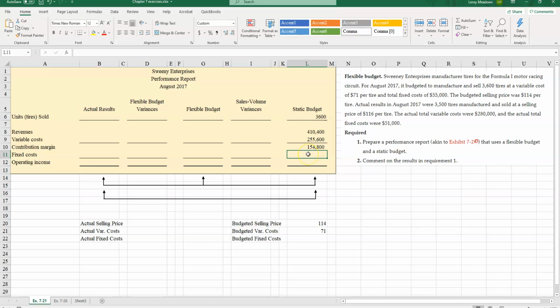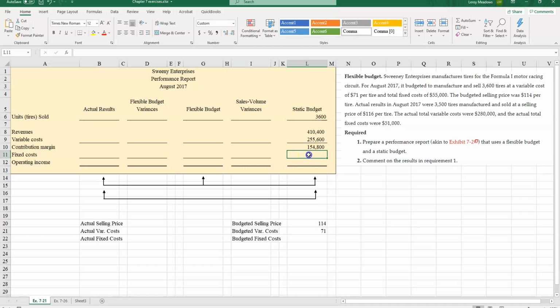Now, remember that when we talk about fixed costs, we want to focus on the total fixed costs when we're doing budgeting. The goal is to look at total fixed costs. Unlike variable costs, where we'll compute a variable cost per unit and do an analysis, fixed costs we want to deal with in total. So what was my budgeted fixed cost in total?